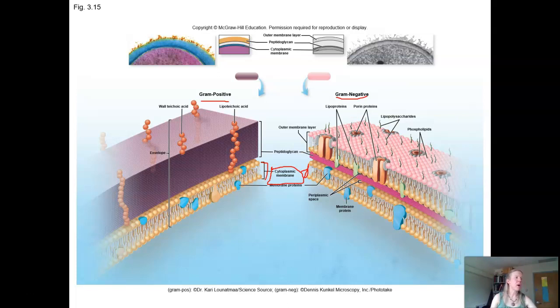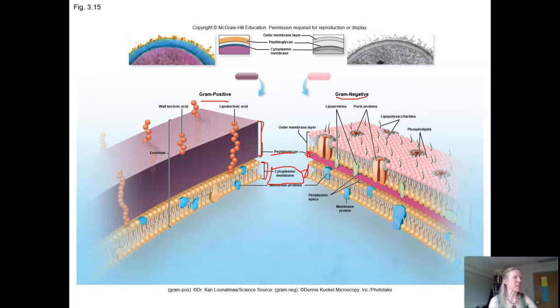Over here in the gram-positive, we then have this huge, thick peptidoglycan cell wall. And sorry, on the gram-negative, it's just this thin little layer of peptidoglycan. Okay, this makes more sense.